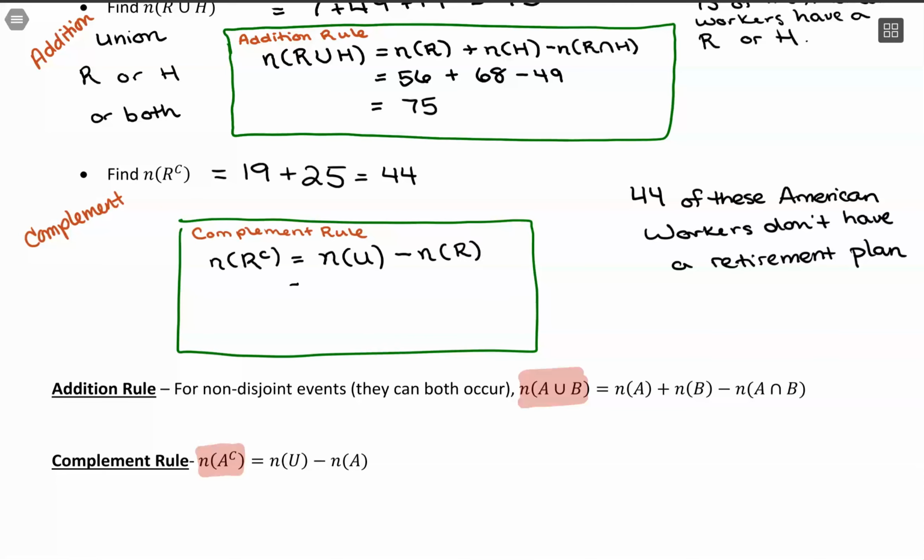So what I'd essentially be doing here is take all 100 people that we surveyed and then remove those 56 people that said they had a retirement plan.